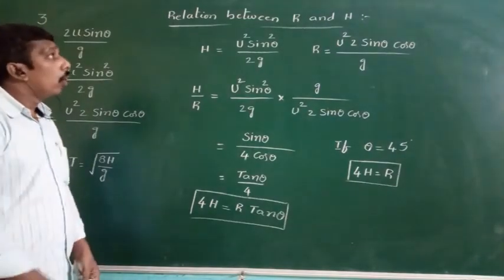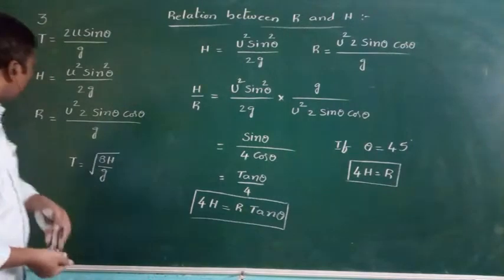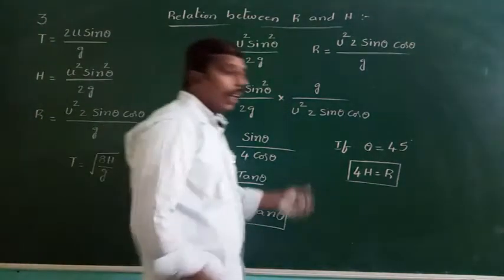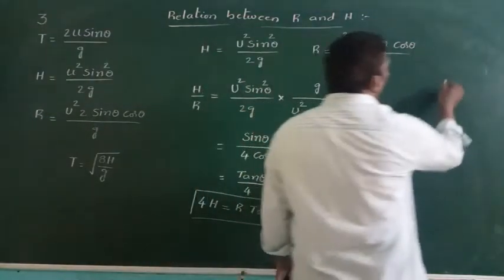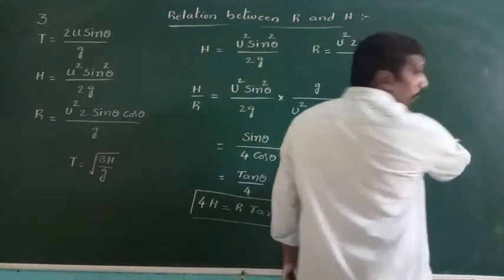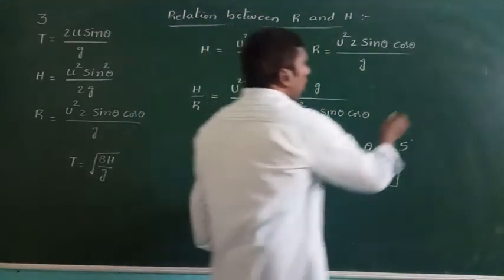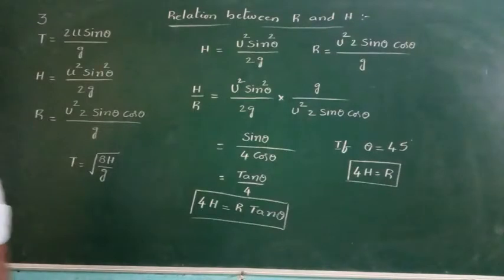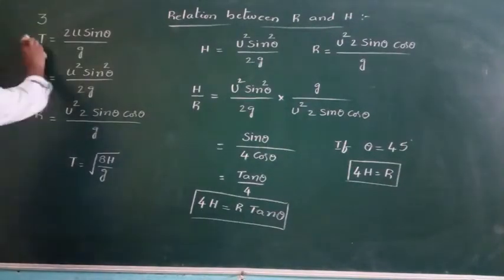Next, take the range equation, R is equal to u square 2 sin theta cos theta by g, that is u square sin 2 theta by g. If theta is equal to 45 degrees, then sin 45 degrees is equal to 1 by root 2 and cos 45 is equal to 1 by root 2.